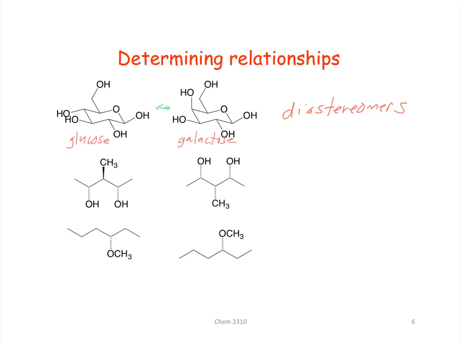All right. What about the next one? All right. So let's see. Let's rotate one of these so we can overlap them. Okay. So I'm going to take an axis here and I'm going to rotate this one over. Right, and so I'm going to have the carbon chain going the other way. The OHs, as we rotate them from the top to the bottom, will go from being back to being up in front.